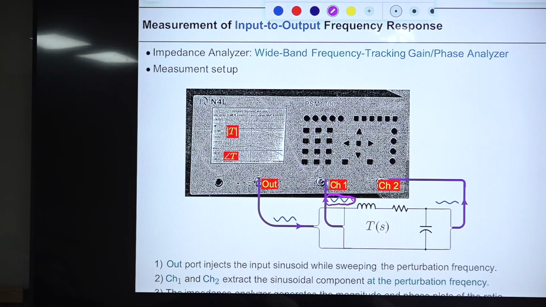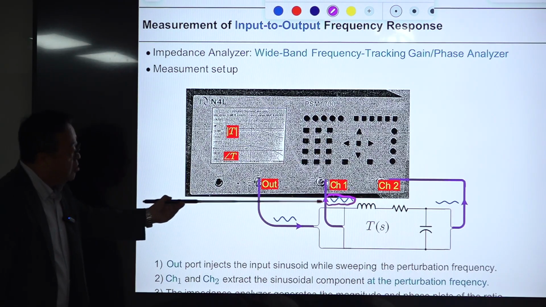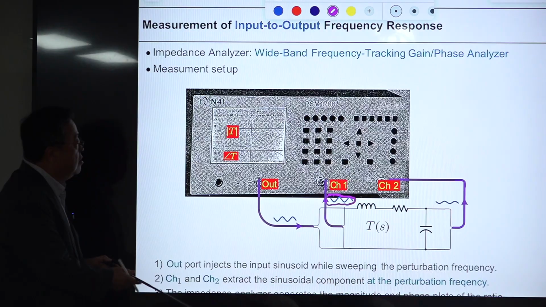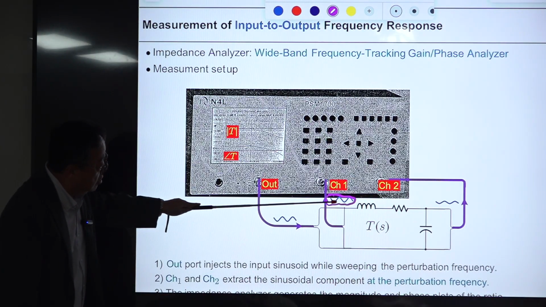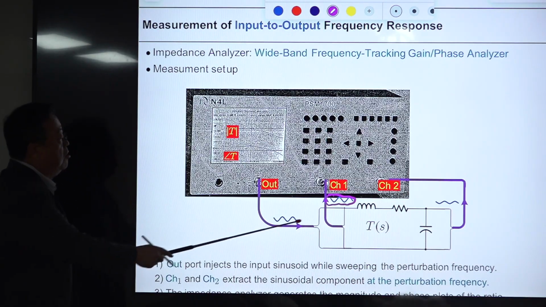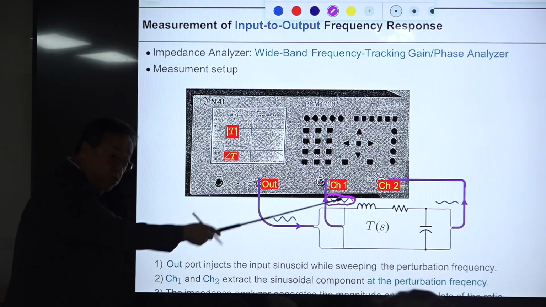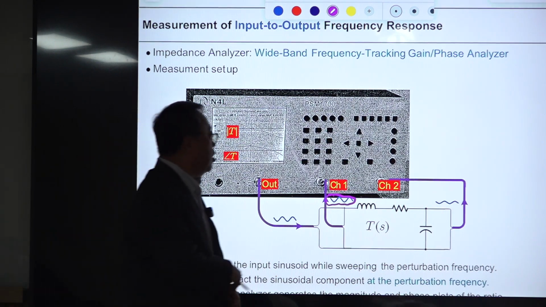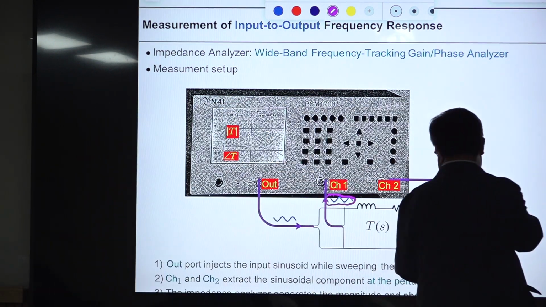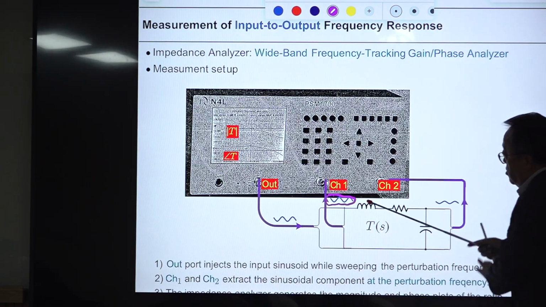This is the sinusoidal input, and the input is sensed by this probe. There is another probe, and it is connected to the output port of this network.